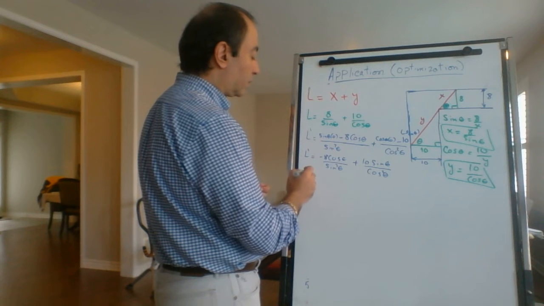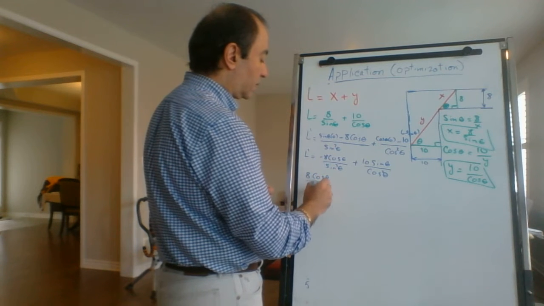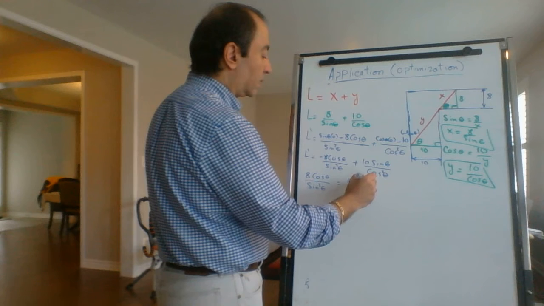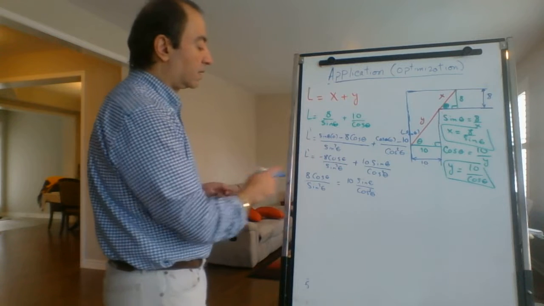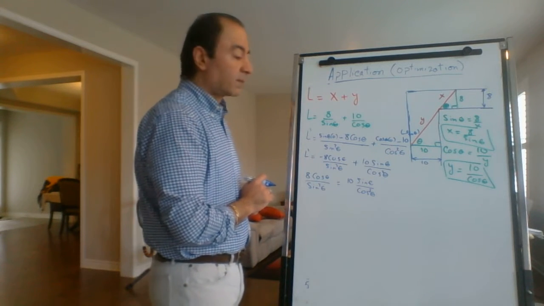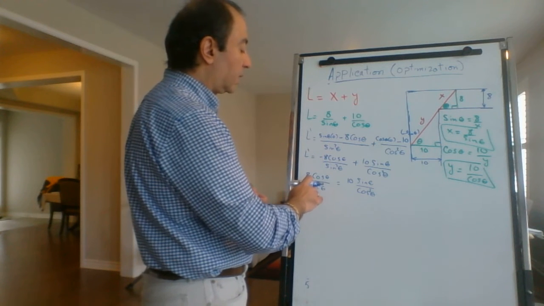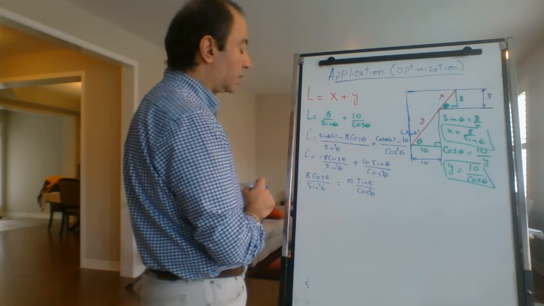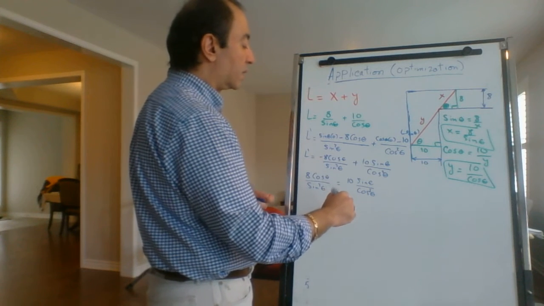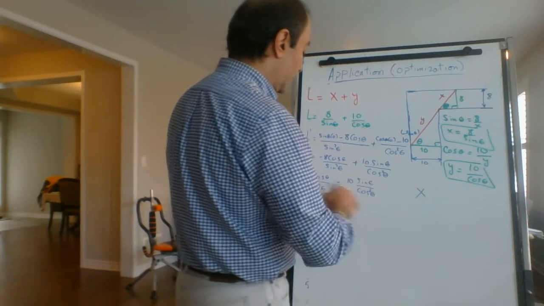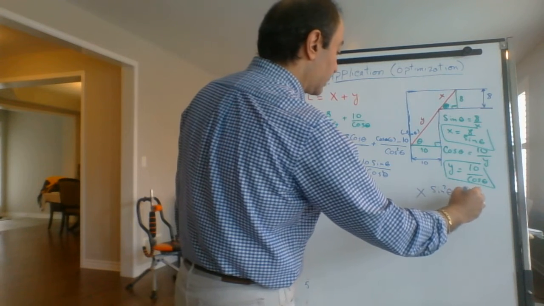So the first thing, I will move 8 cosine theta over sine squared theta to the other side, and multiply the equation by the denominators to get rid of them: sine squared theta cosine squared theta.